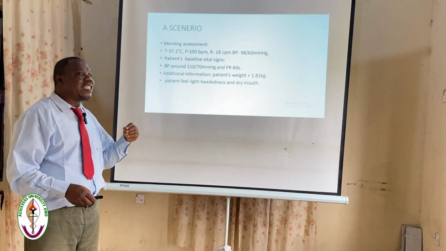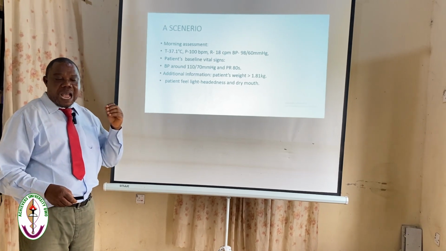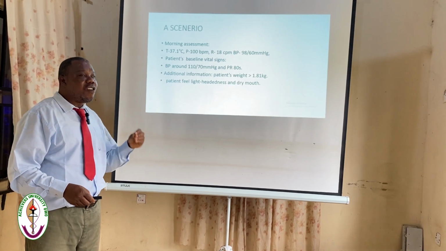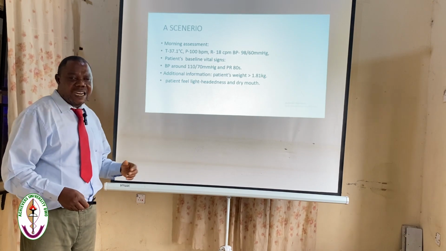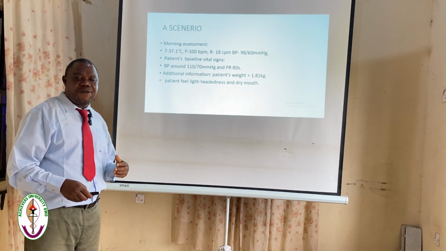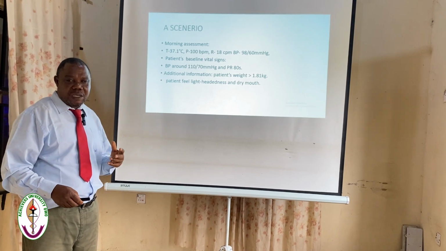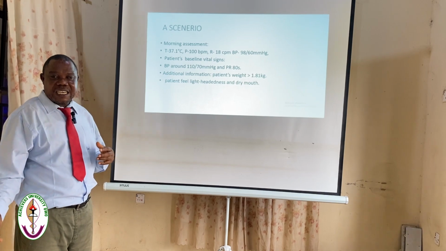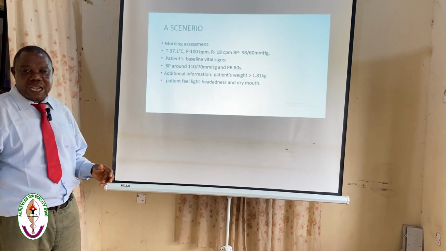He noticed that this patient has lost weight, about 1.81 kg in the last 24 hours. The nurse also asked this patient, "How do you feel?" And then the patient said, "Oh, I feel lightheadedness, and I feel dry mouth, like I have cotton in my mouth." Therefore, the nurse now put these cues together.